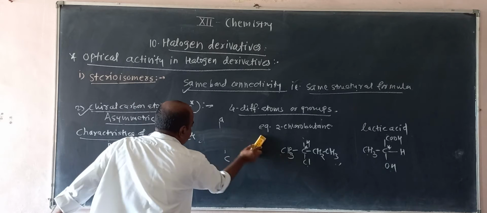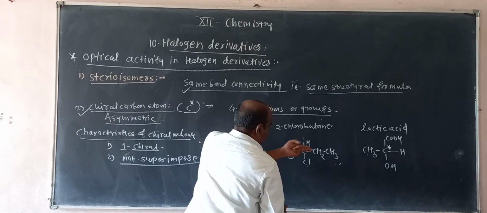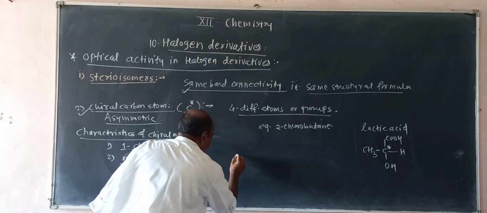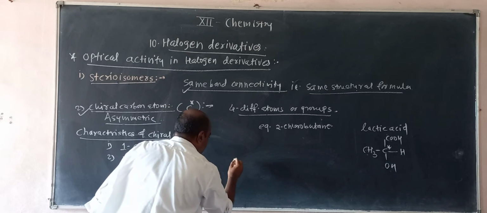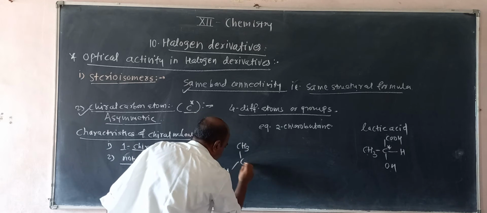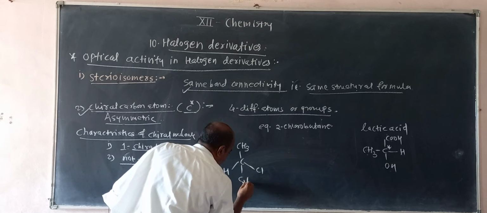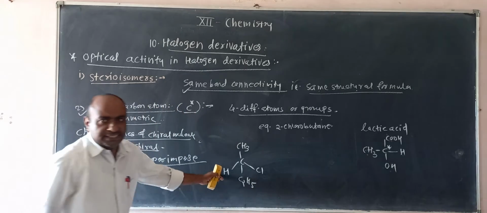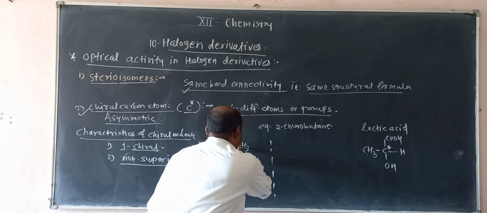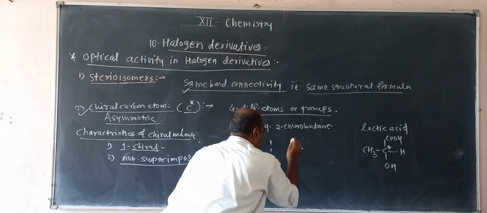For example, again take 2-chlorobutane. Suppose we write the mirror image of 2-chlorobutane: methyl group, carbon, hydrogen, chlorine and C2H5 group. The mirror image of this molecule has the methyl group on the upper side.